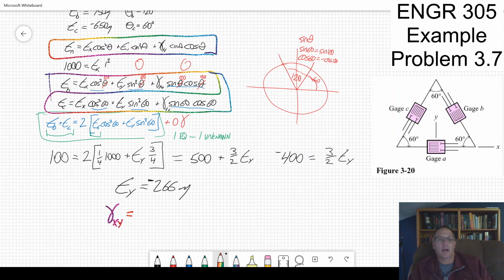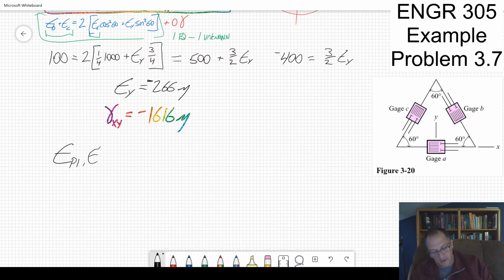Now, is that the end of the problem? If we read it carefully, we would see determine the principal strains and the maximum shear strain. So the first thing we had to do is convert it to X and Y. Now we got to go find the principals. Principal 1 or principal 2 is equal to the strain in the X plus the strain in the Y divided by 2 plus or minus, what's the radius?